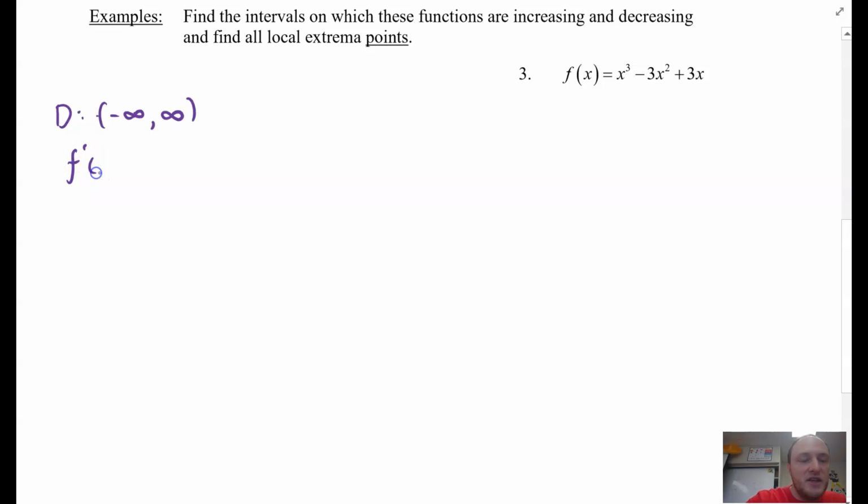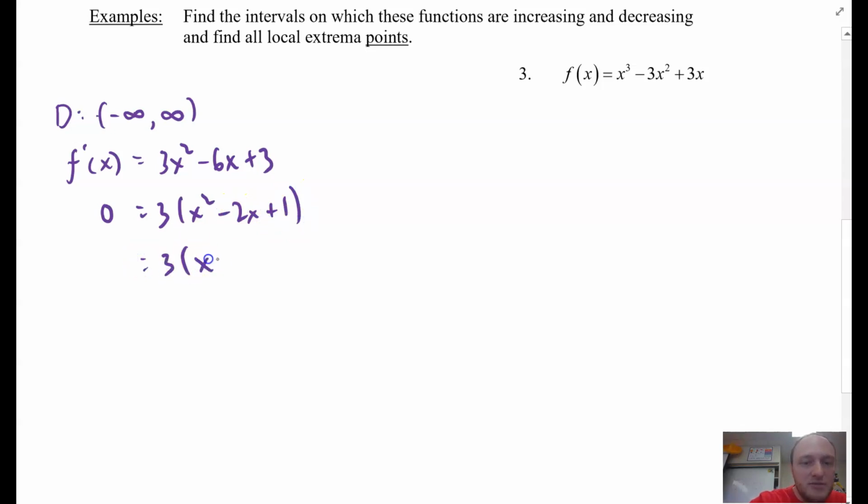Okay, so to find the critical values, I want to go ahead and take the derivative, which gives us 3x squared minus 6x plus 3. Now I want to set this equal to 0, so I'll factor this to give us x squared minus 2x plus 1, which is just 3 times x minus 1 times x minus 1.